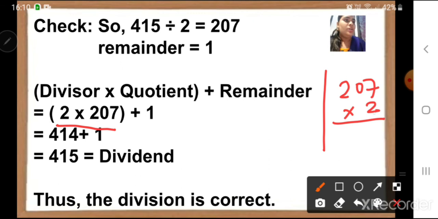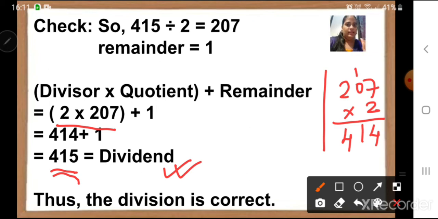Okay. 2 sevens are 14. 2 zeros are 0 plus 1 is 1 and 2 twos are 4. So 414 plus 1. 414 plus 1 is equal to 415, which is equal to our dividend. Right? So thus the division is correct.